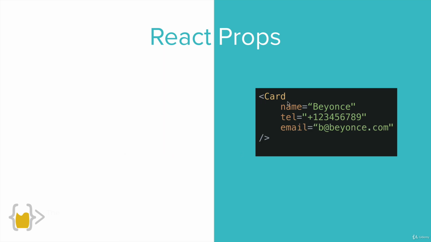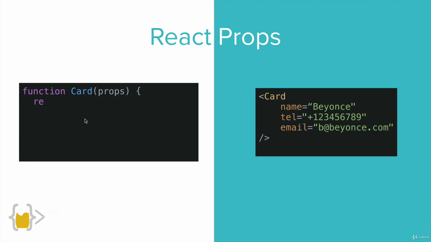Now, when it comes to React, what we have is a very similar structure. So we have our custom components, and we can create as many of these properties or props as we wish. We can name them anything we like. They're not fixed. Nobody has defined them ahead of time. In fact, you are the one that's creating this custom card element, and you get to specify which attributes or properties they should have. But these values for each of these properties then gets passed along when this card component is created.